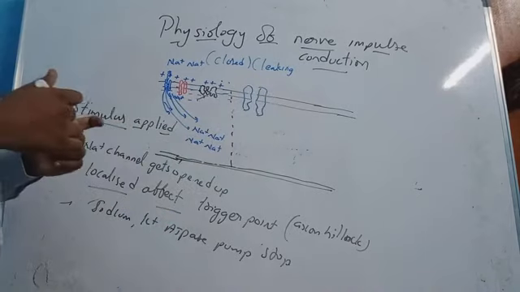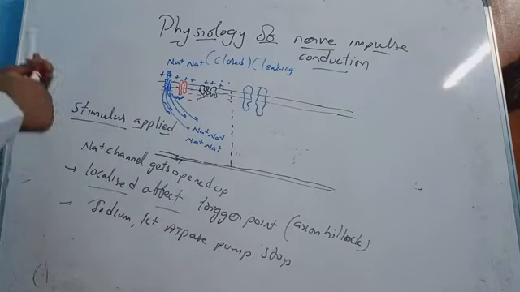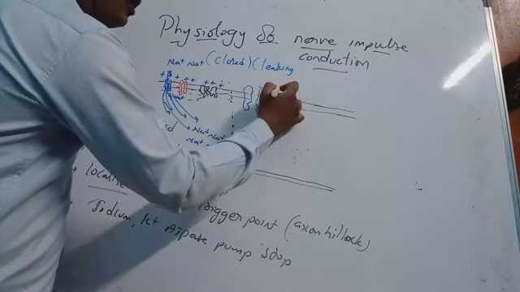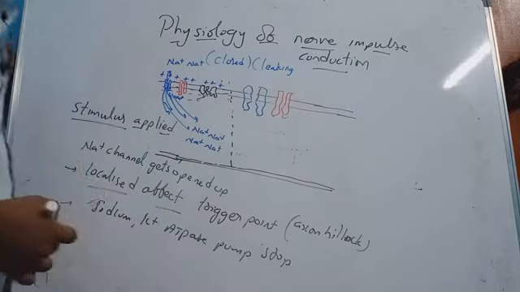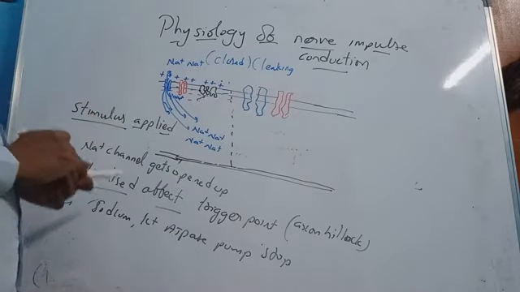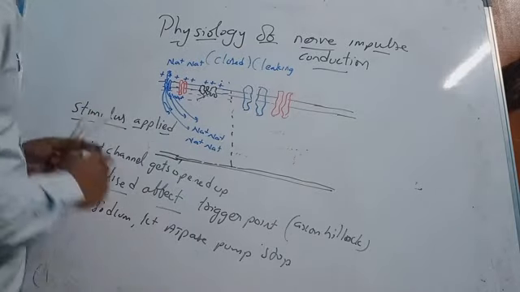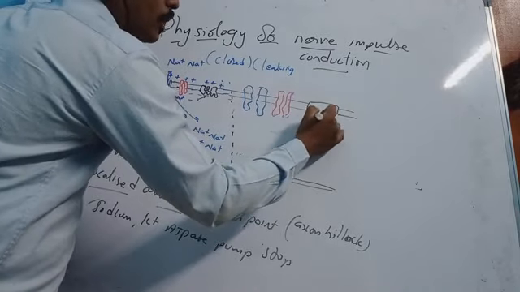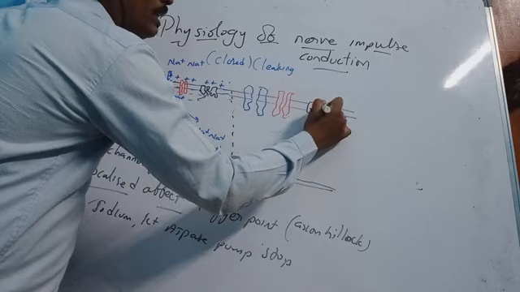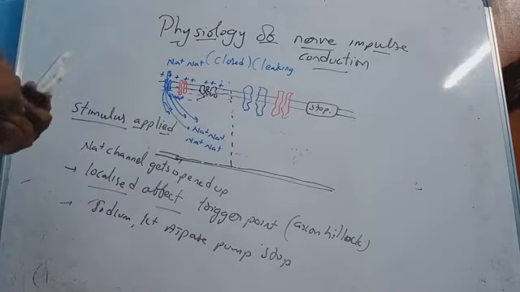Potassium will obviously be open, but that doesn't matter here because potassium is a very slow functioning ionic channel. And the sodium potassium ATPase has stopped its function, so I just write stop.